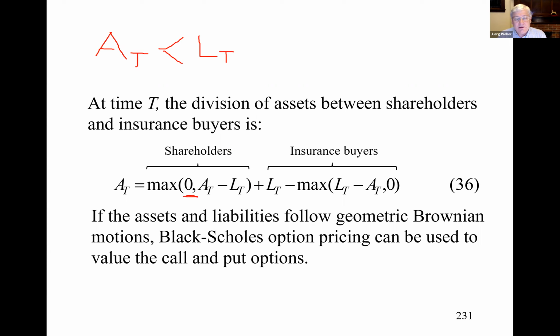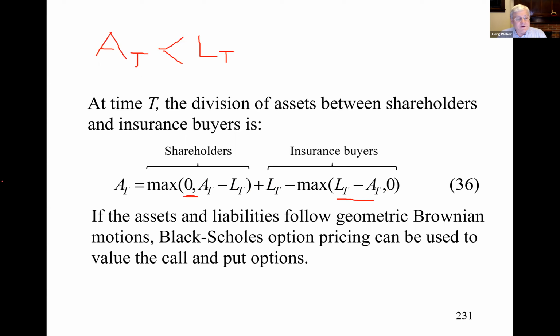So the zero applies because AT minus LT gives me a negative. And here, AT is smaller than LT, so that's a positive number, bigger than this zero. So the LT minus AT applies, because that's now positive.